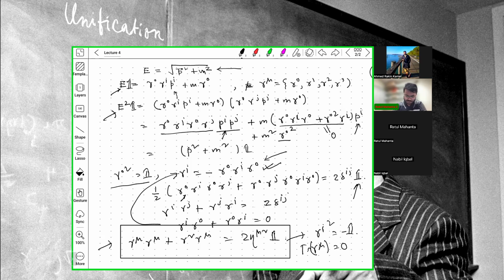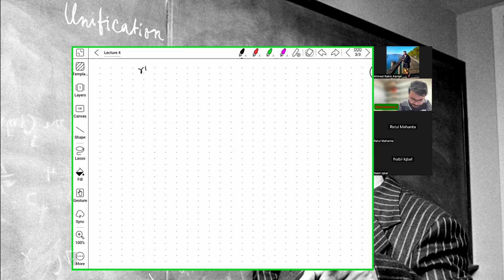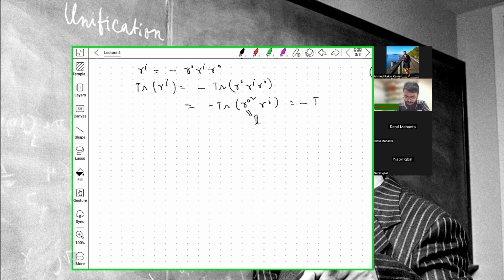We know that gamma i is minus gamma 0 gamma i gamma 0, and the trace of gamma i would be minus the trace of gamma 0 gamma i gamma 0. The trace of AB is the trace of BA, so immediately you can write this, and gamma 0 squared is identity. So it is nothing but minus the trace of gamma i, which implies the trace of gamma i equals 0 for i equals 1, 2, 3. You can also prove the trace of gamma 0 to be 0.